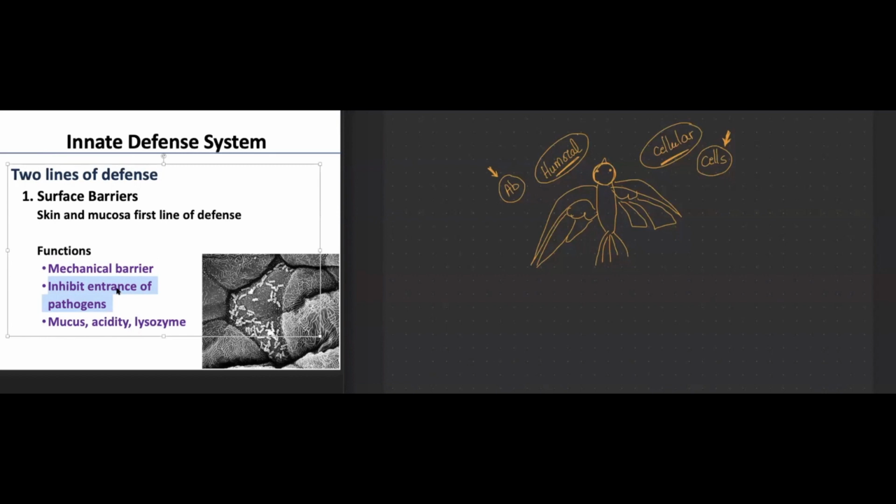Once they stick to the mucus, they are pushed out by the propulsion of the cilia of the ciliated columnar epithelium in your airways.